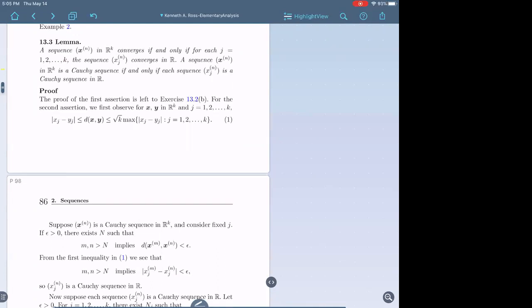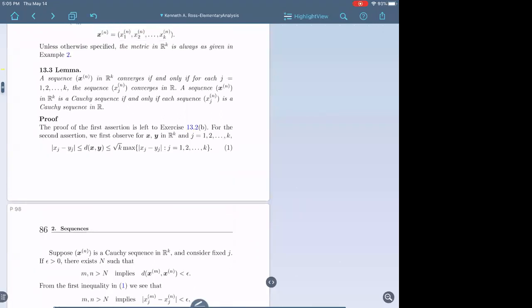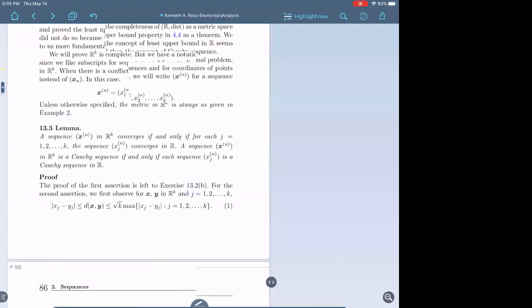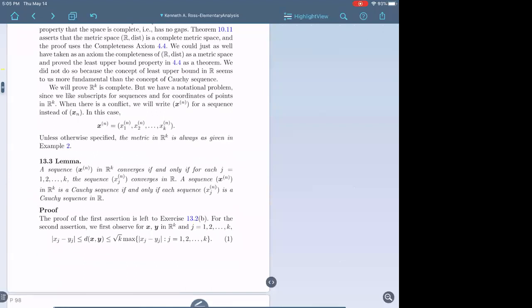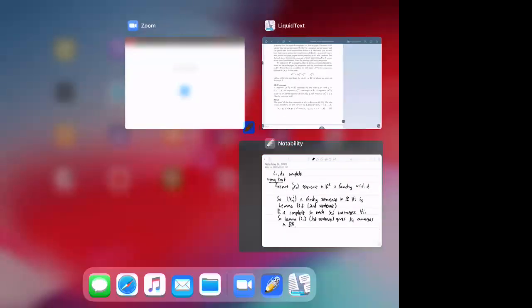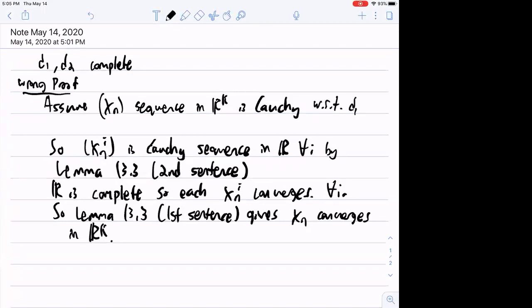If you learn some harder machinery, it turns out all norms and metrics on R^k are equivalent. They're bounded above and below by constants times the other distance function. But that's overkill. So sadly, we can't just use Lemma 13.3. But I can see why people might have thought that.